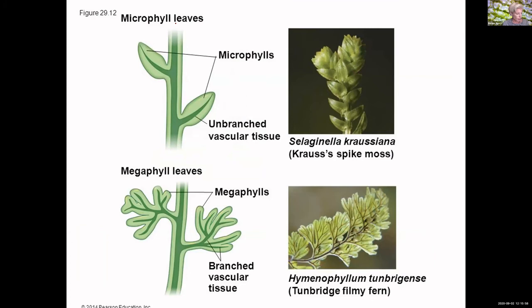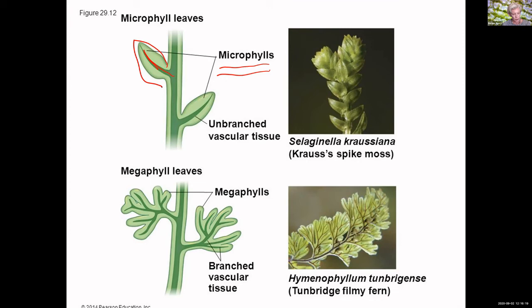Another characteristic that differs between lycopodiophytes and other plants is that these more primitive plants only have what are called microphylls. That is, they have little leaves. Each leaf only has one little vein extension in it, and they're overall very small.